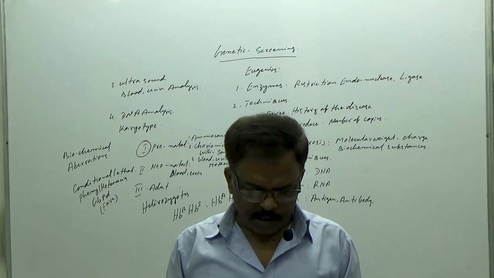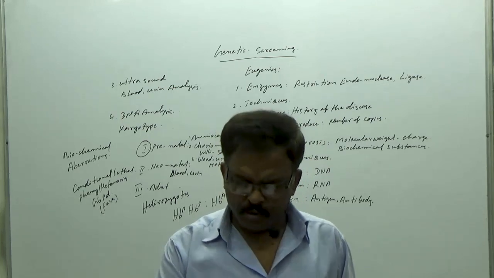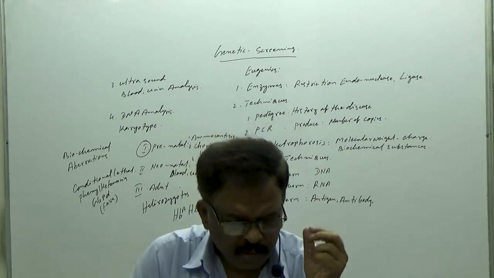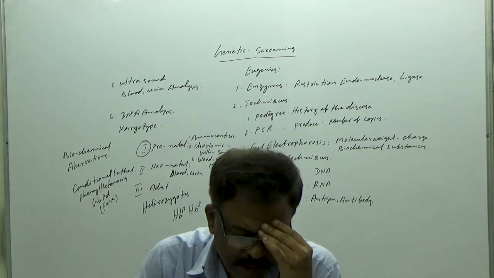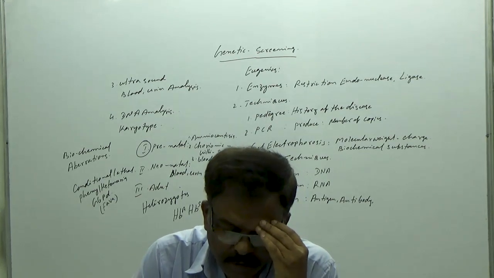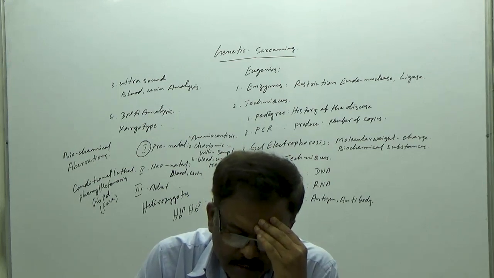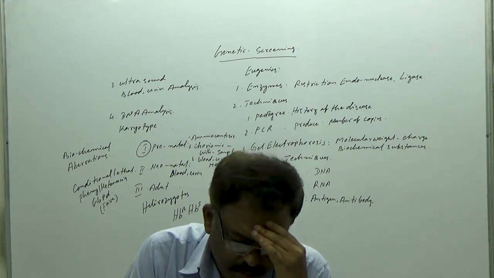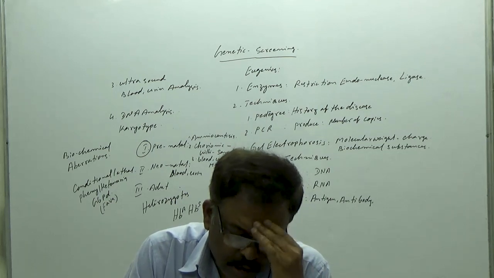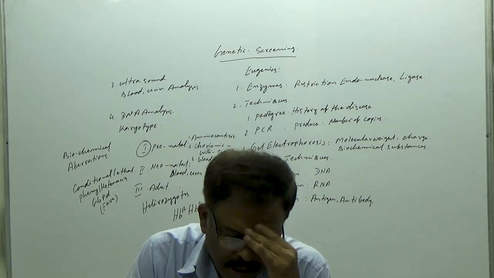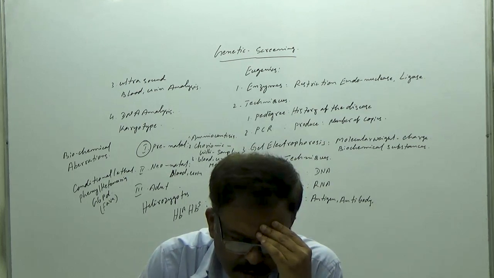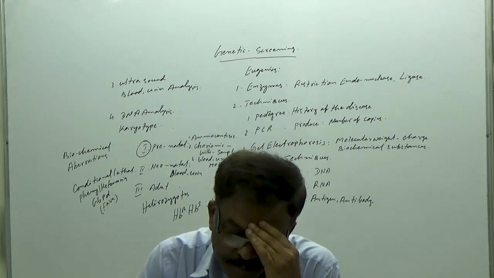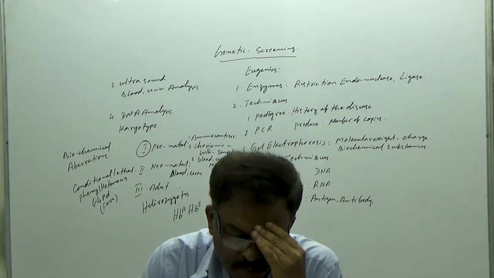Next, genetic screening takes place in 3 stages. First one, the prenatal stage. It is an intrauterine analysis, useful to analyze chromosomes and biochemical substances.